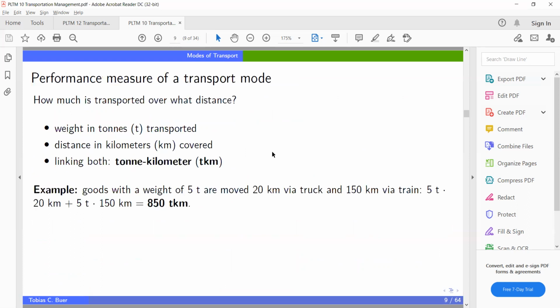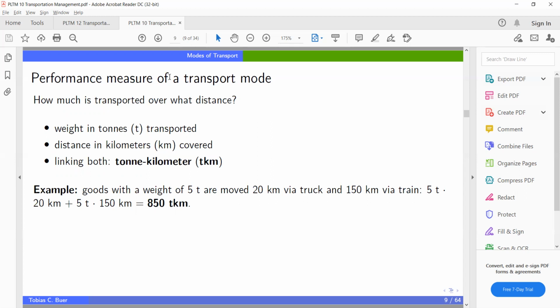We have some performance measurements, how we measure the performance of a mode of transport. And you will see here as an example how important the different modes of transport are for the European Union.